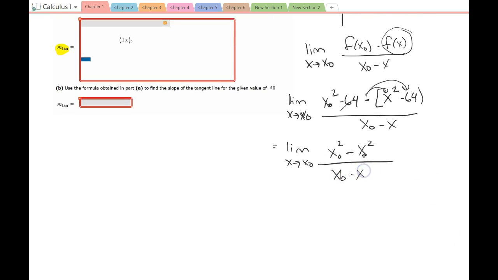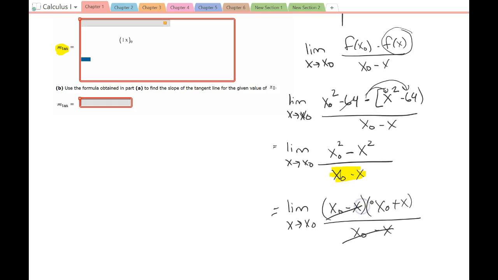Over x0 minus x. At this point, you should always be able to factor out what you have in the denominator, because the denominator is going to 0, and we have problems when that happens. So if I do a difference of squares, I have x0 minus x and x0 plus x all over x0 minus x.